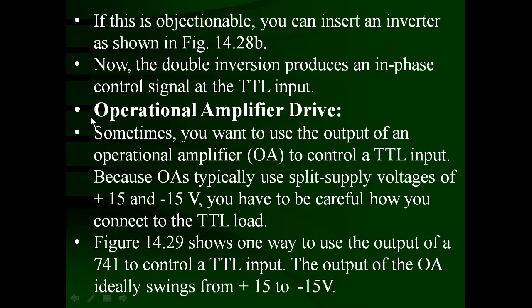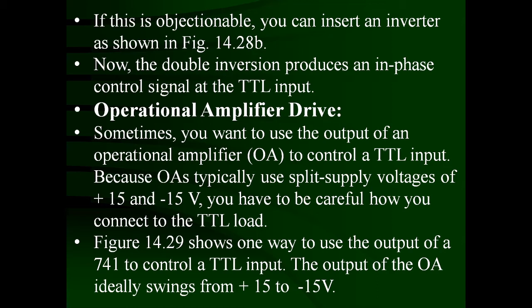Now, the third device which can drive the TTL input is the operational amplifier. How can the operational amplifier, or op-amp, drive the TTL input? An op-amp can normally work with a split power supply of plus 15 volt and minus 15 volt.